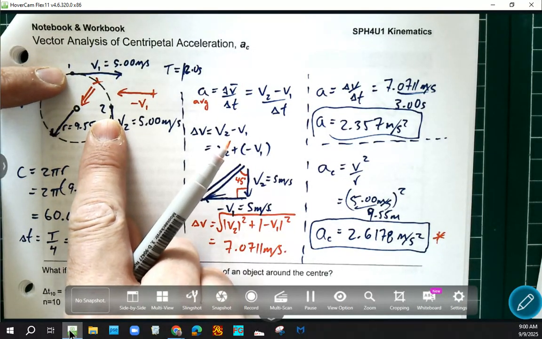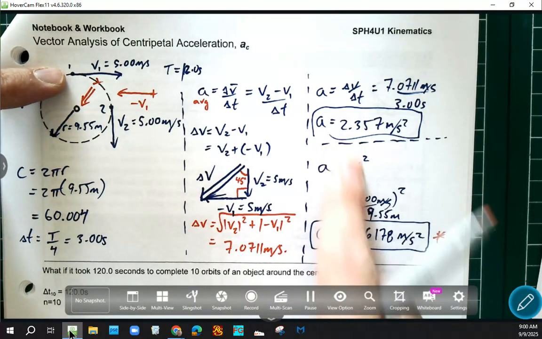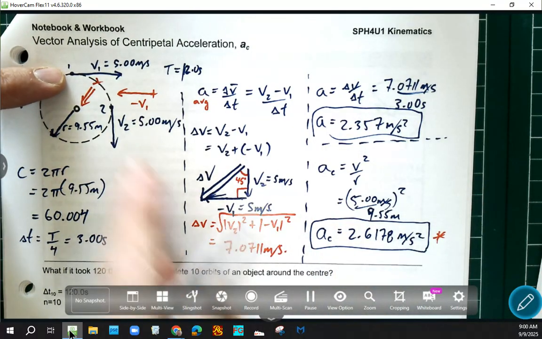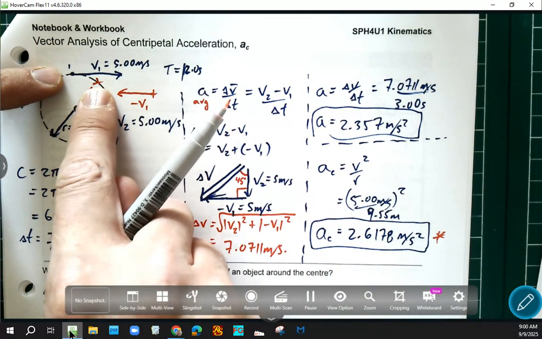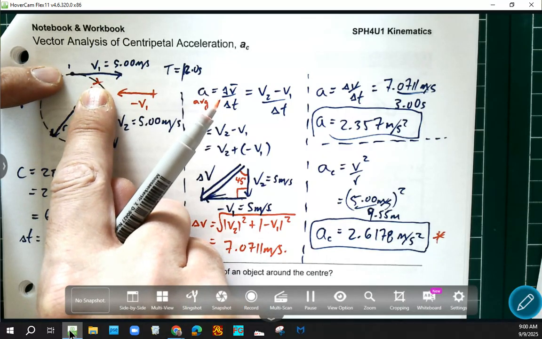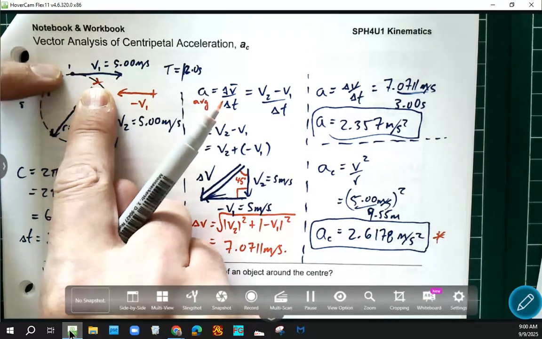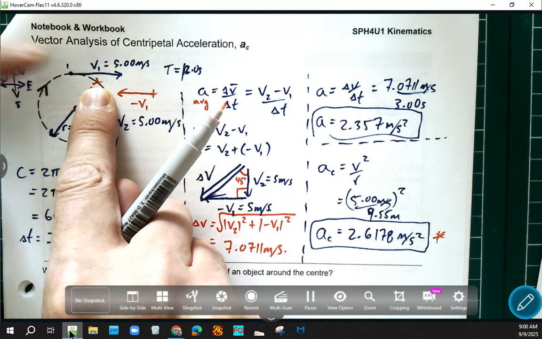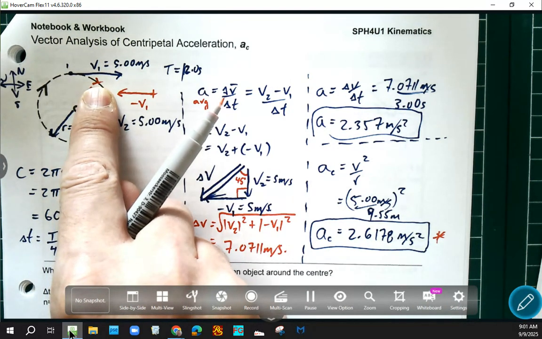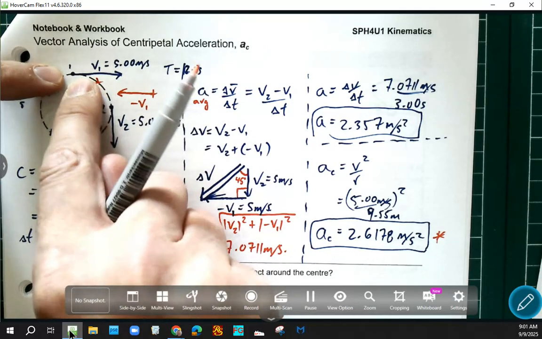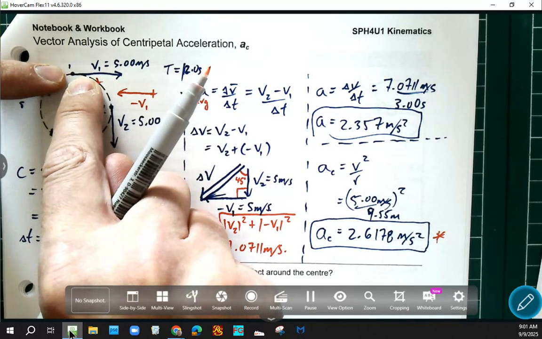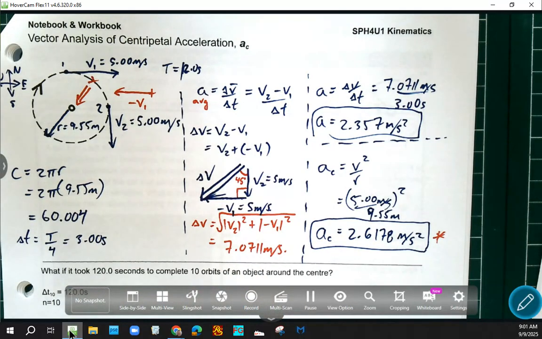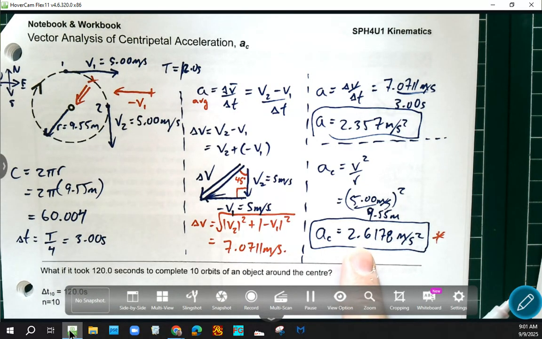It turns out that we can get our answer to be closer to the accepted truth if we take them an 1/8 of a turn apart and we subtract v2 plus negative v1, and we do it that way, it'll get closer to the truth. And then if we do it a 16th of a turn apart, it'll get even closer. And if we do it like 1/1000th of a rotation apart, it'll get so close that it'll be practically this value.